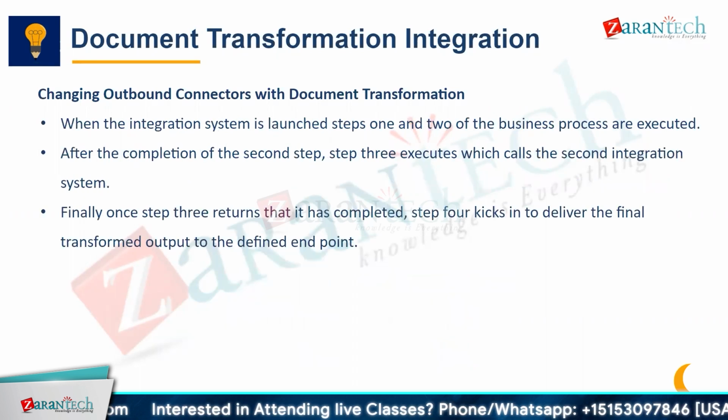So changing outward connectors with document transformation: when the integration system is launched, steps 1 and 2 of the business process are executed. After the completion of the second step, step 3 executes, which is called the second integration system. Finally, when step 3 returns that it has completed, step 4 kicks in to deliver the final transformed output to the defined endpoint, just like we saw here.